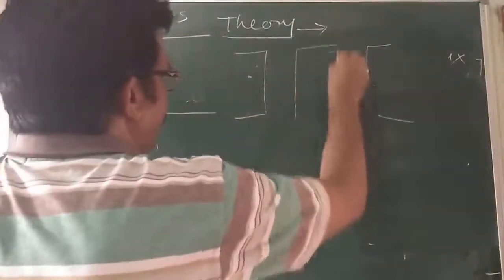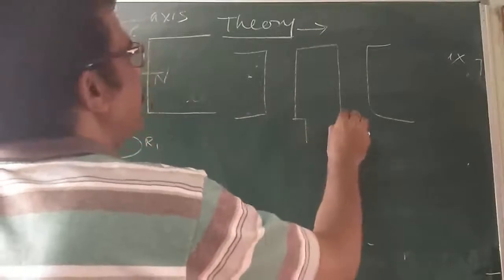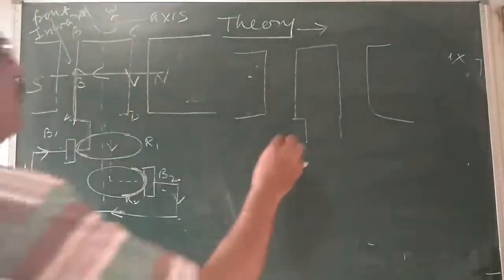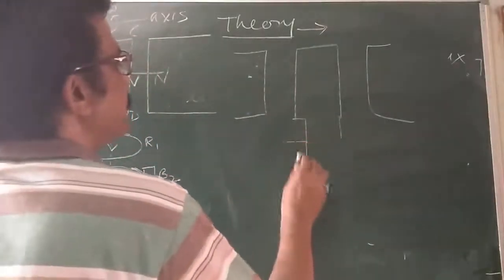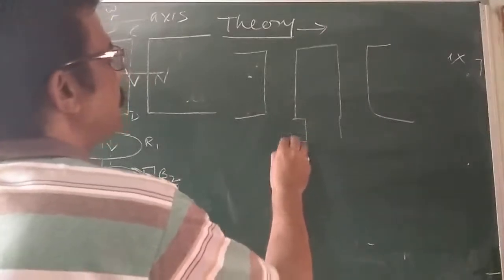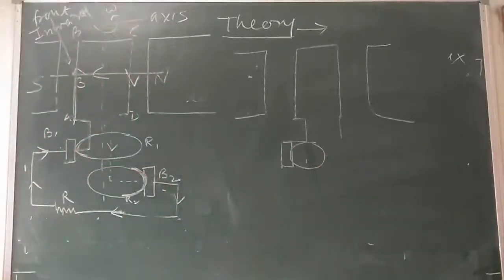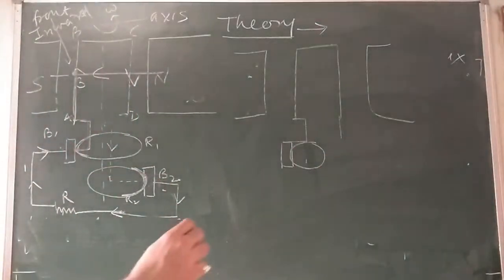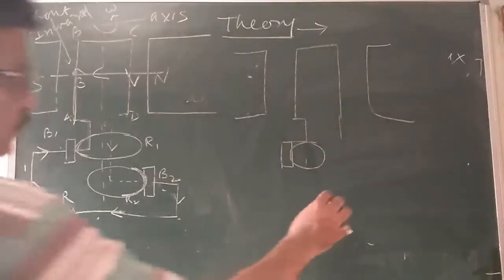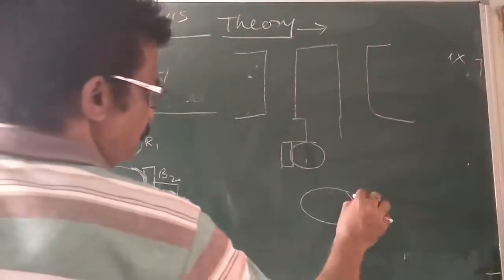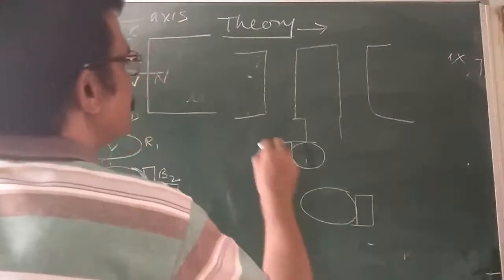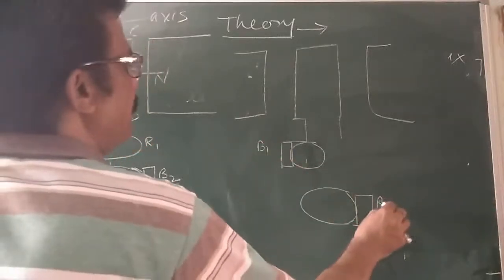Here is a rectangular coil, something like this. Draw a diagram. Here is B1, here is B2.